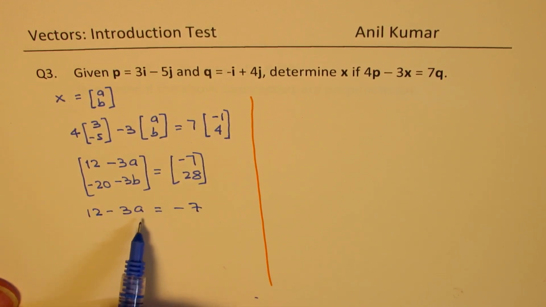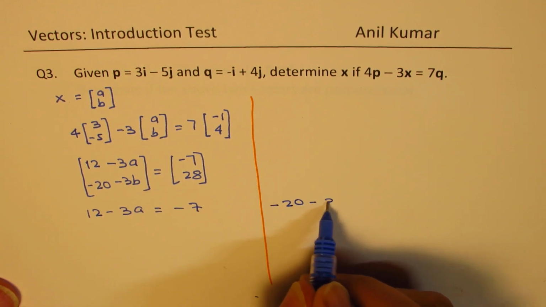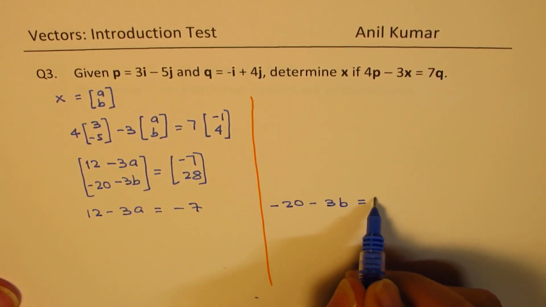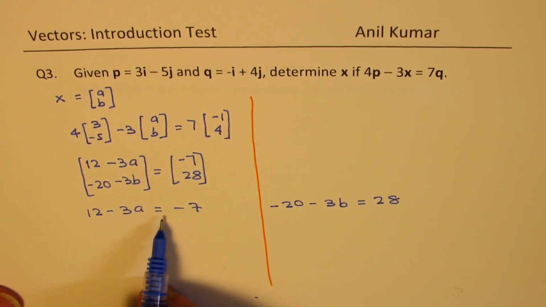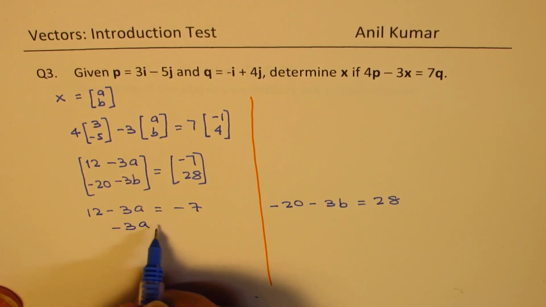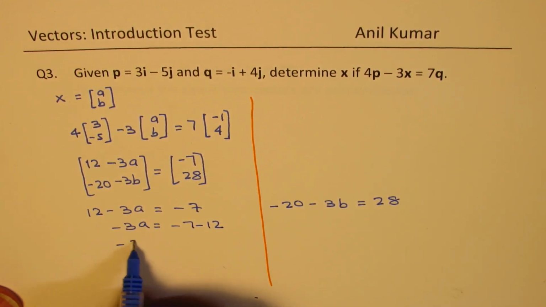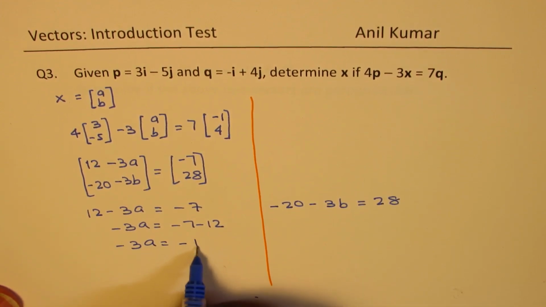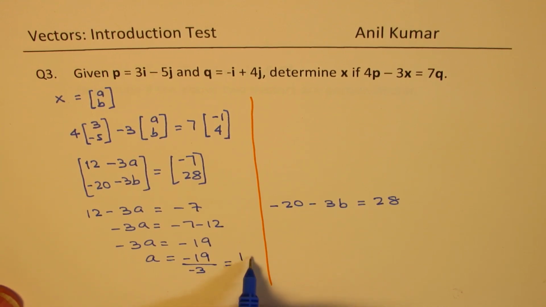So from here we can find the value of a. The second one is minus 20 minus 3b equals 28. From here we can find b. So let's find a first. Taking 12 to this side, we get minus 3a equals minus 7 minus 12. So that means minus 3a equals minus 19. So a equals minus 19 over minus 3, or 19 over 3.